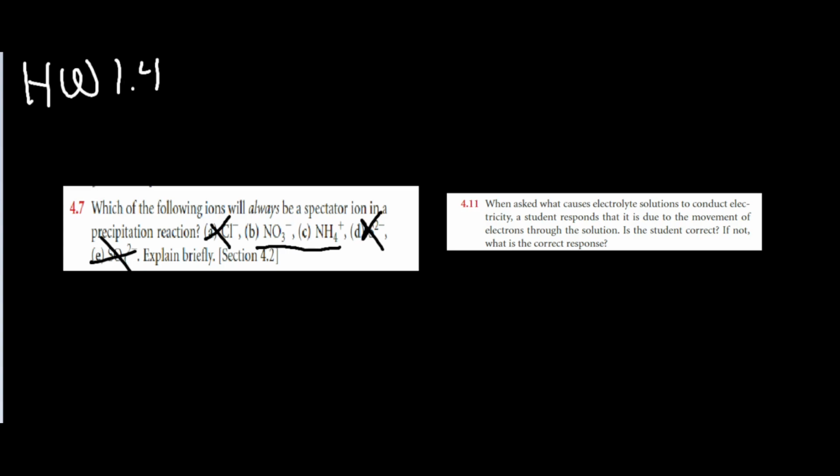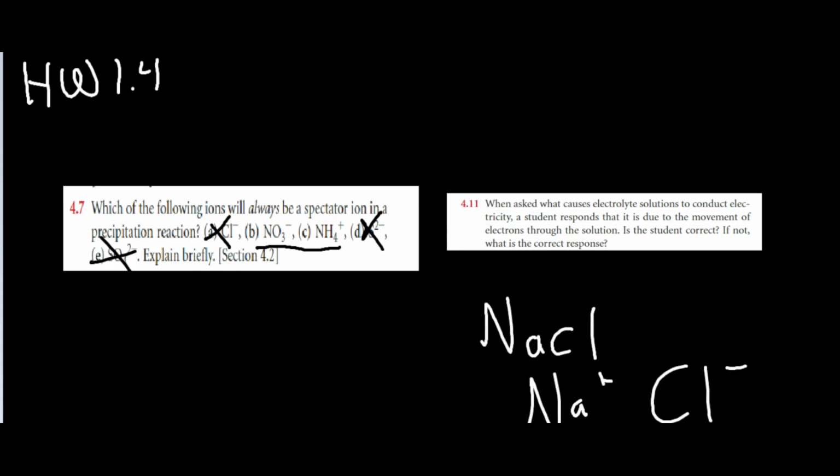Now, number 11. This is saying someone thought that something being able to conduct electricity is due to the movement of electrons through the solution. That's wrong, because solutions conduct electricity because the dissolved ions carry charge through the solution. Like if you break up NaCl, you're going to have Na plus and Cl minus charges.